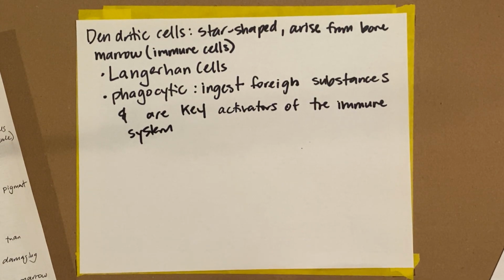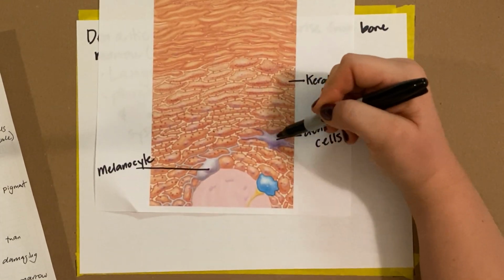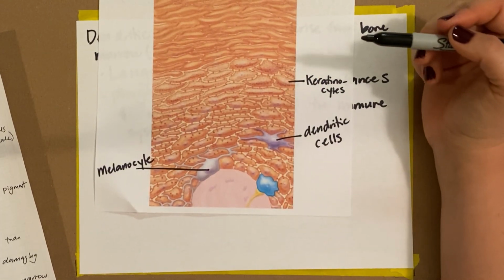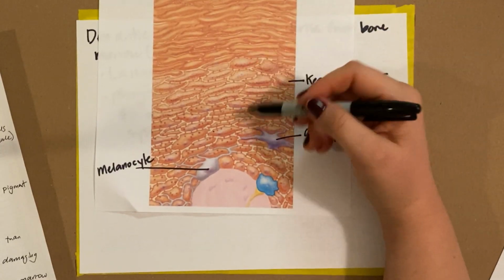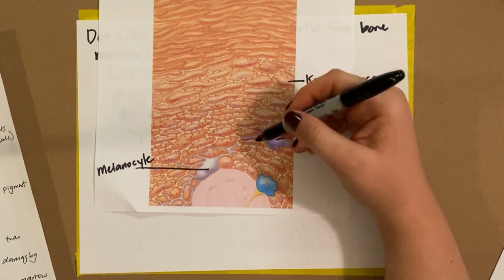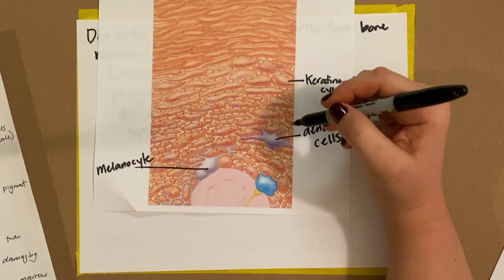Okay, they are going to have kind of these thin projections in between the keratinocytes and are going to be there to help protect. Okay, so if there's any type of bacteria that gets in here, they're going to be there to help protect.